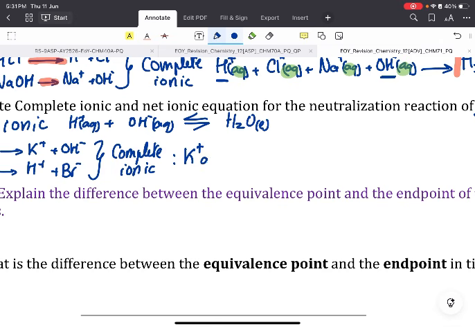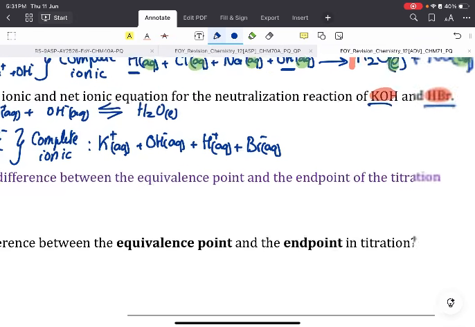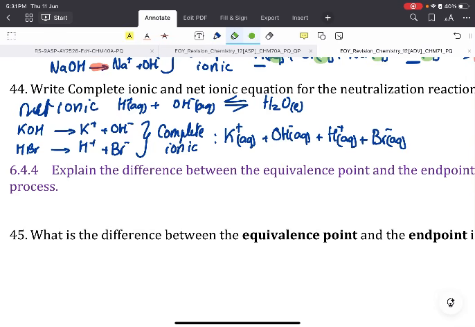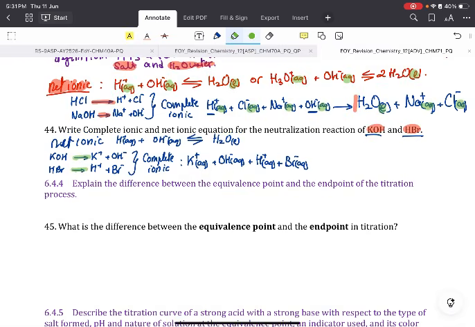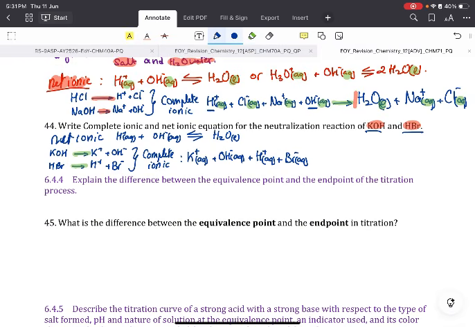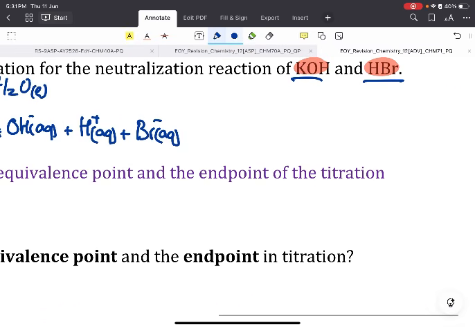So K plus, OH minus, H plus and Br minus. Now again, these are strong base and acid, so the equation is in one direction. Also this one will be in one direction because all of these are strong.